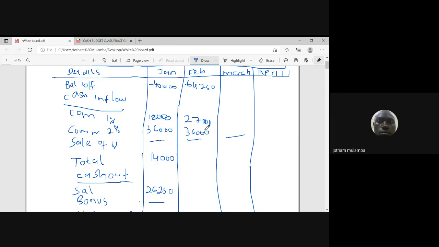Then now we get the total. So start with the negative 64,250, add the other cash inflows.